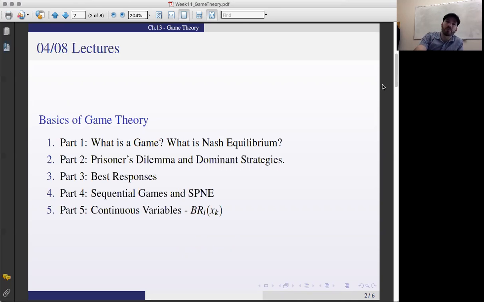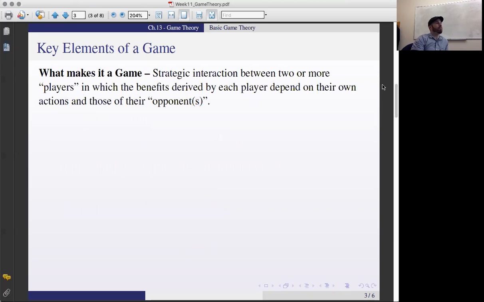All right. So, what makes it a game? Essentially, a game in our econ vocabulary is going to be different from a game in your colloquial understanding of what a game is, as with many things in econ.